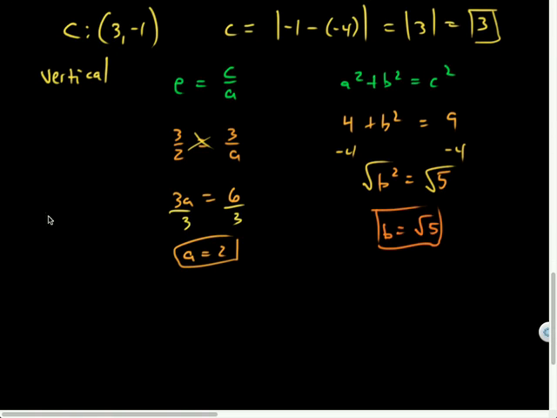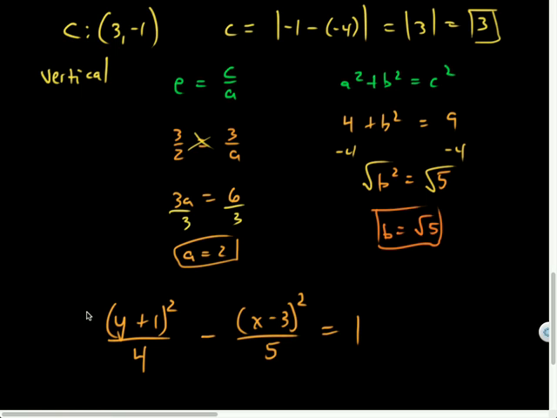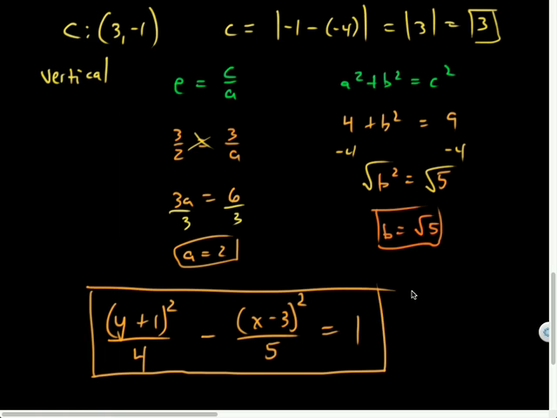So let's plug it in. So I'll have y plus 1 all squared. Y is my positive fraction. I'll have x minus 3 all squared for the numerator of my next fraction. For my denominators, 2 squared is 4 under the y, and root 5 squared is 5 under the x's. So there we go. That would be my equation.